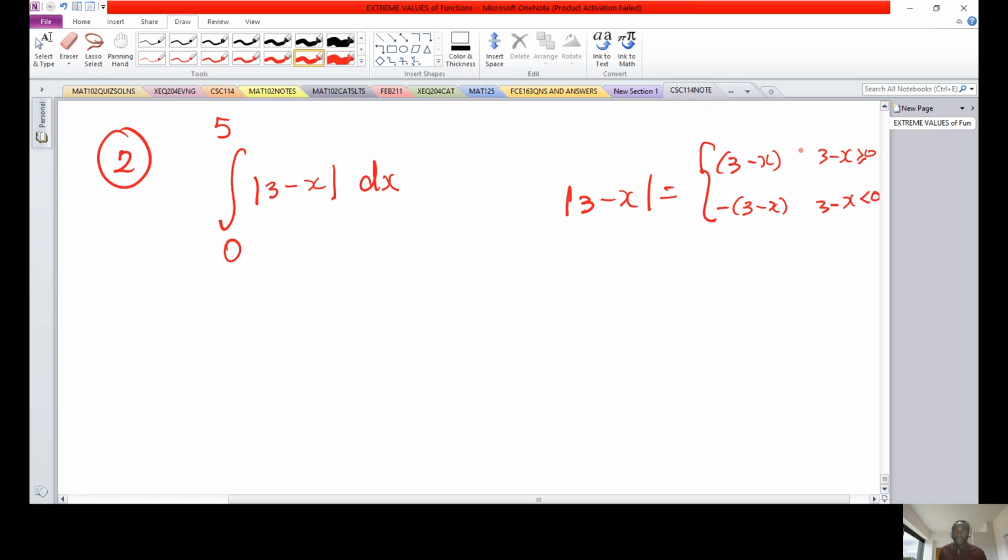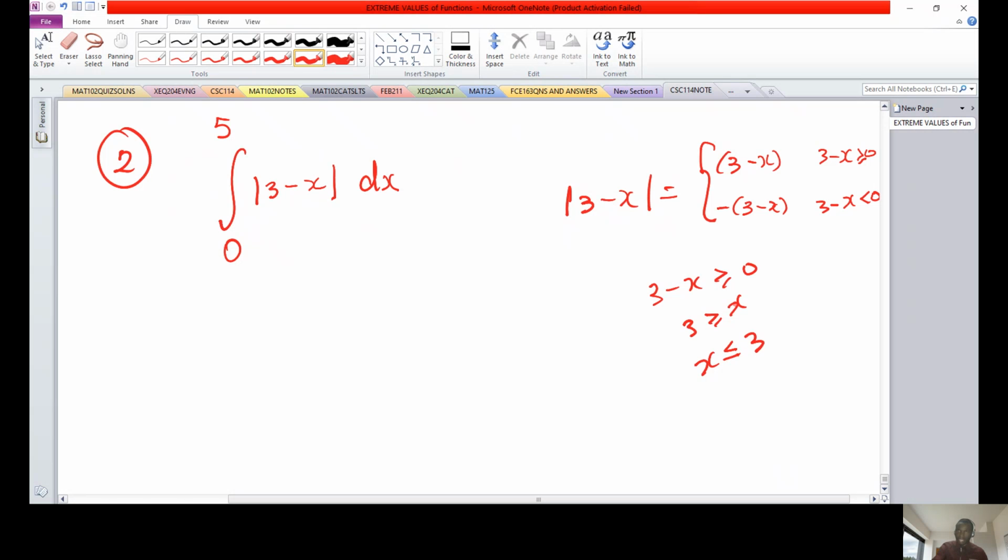You can simply work out with the first formula to see the intervals where x should fall. So you have 3 minus x greater than or equal to 0, so 3 is greater than or equal to x. This tells us that x must be less than or equal to 3.